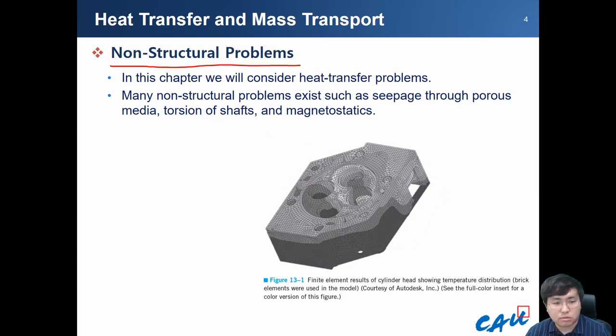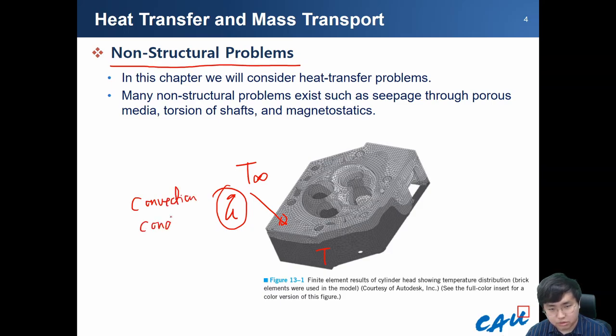Many solid structures will be exposed to different heat environments, so due to the large heat difference there is some heat flux, with different types of convection, conduction and radiation. Convection and radiation are heat flux at the boundary, while conduction is heat transfer inside the solid structure.